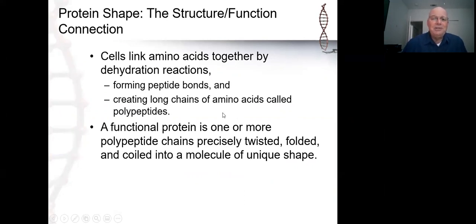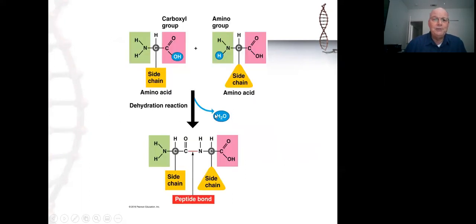Once those amino acids start linking together, they start to fold the polypeptide chain into very complicated three-dimensional shapes. So there's a sequence of five animations that walk you through, number one, a general introduction to the shape of polypeptides, and then sequentially through the 4 levels of structure that form as a consequence of linking amino acids together to form polypeptide chains.